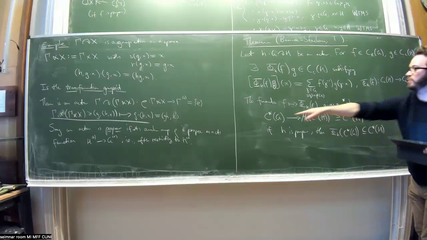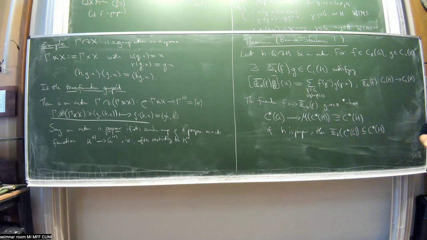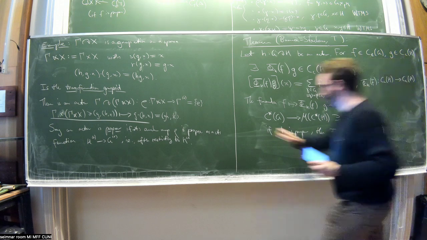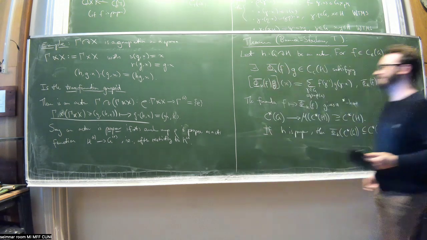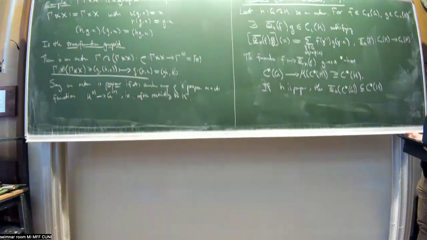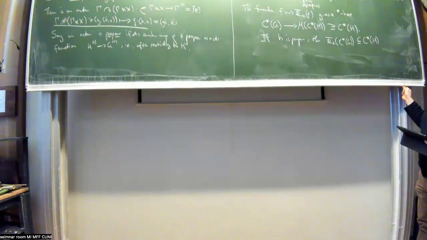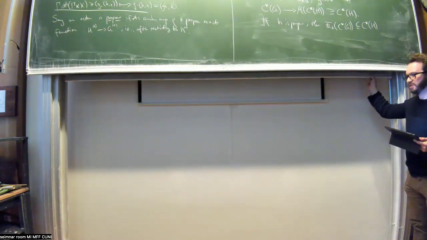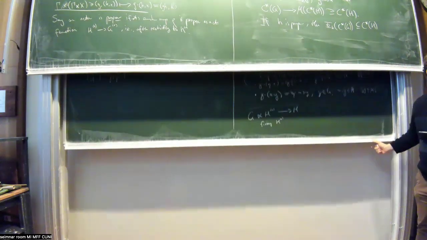So we get a map from C star G to C star H. The formula gives a star homomorphism, and if H is proper, it lands in the C star algebra itself rather than just in multipliers on it. Ah, yeah, sorry. Thank you.